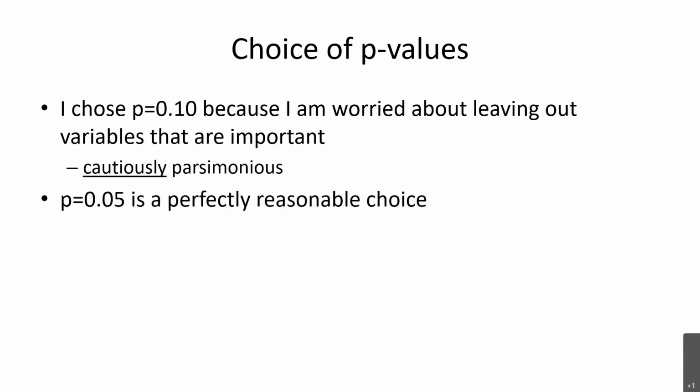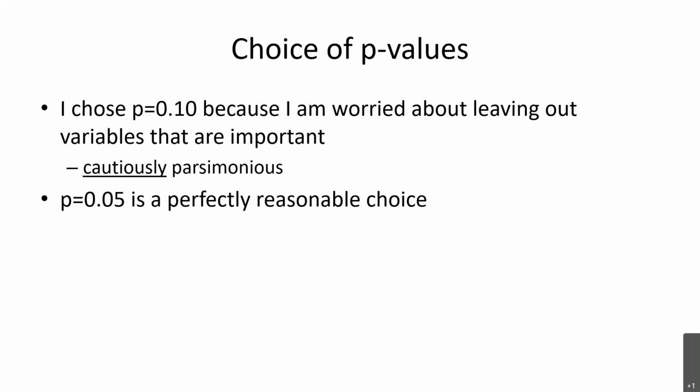And I can evaluate the probability of that, if I believe in this calculation, it is 10% here, that it's selected even though it's just random noise. That's one type of error I can make. And the other type of error I can make is I don't include the variable even though I should have.